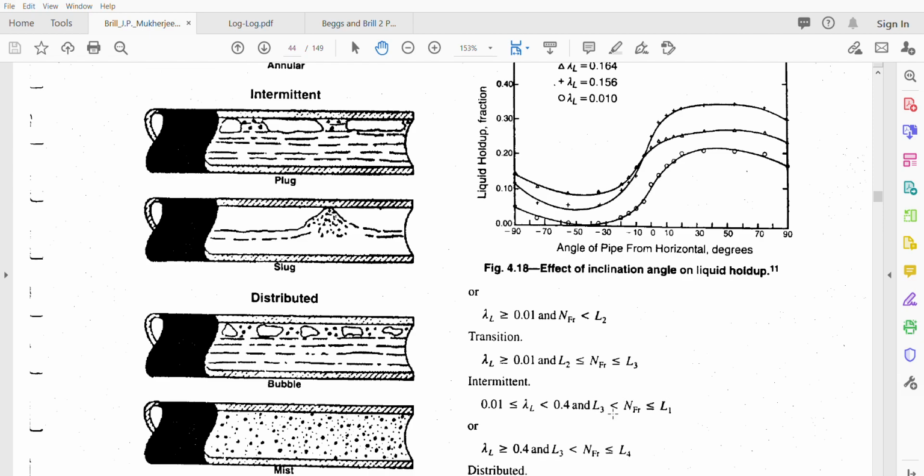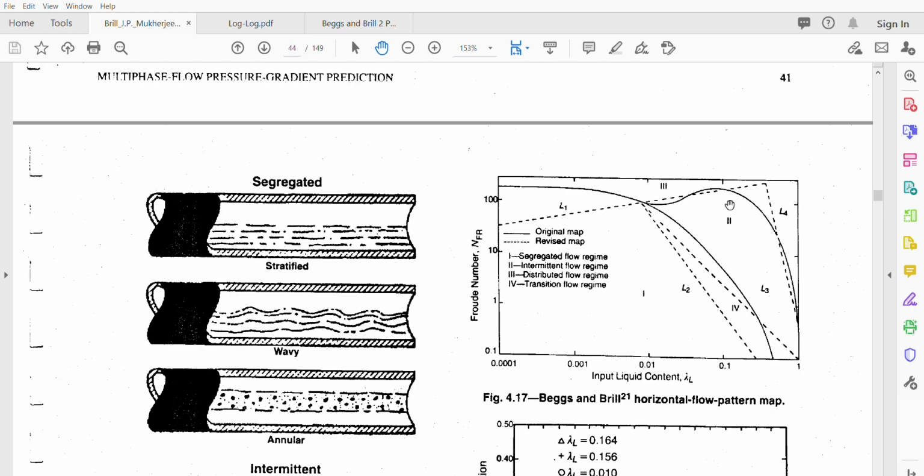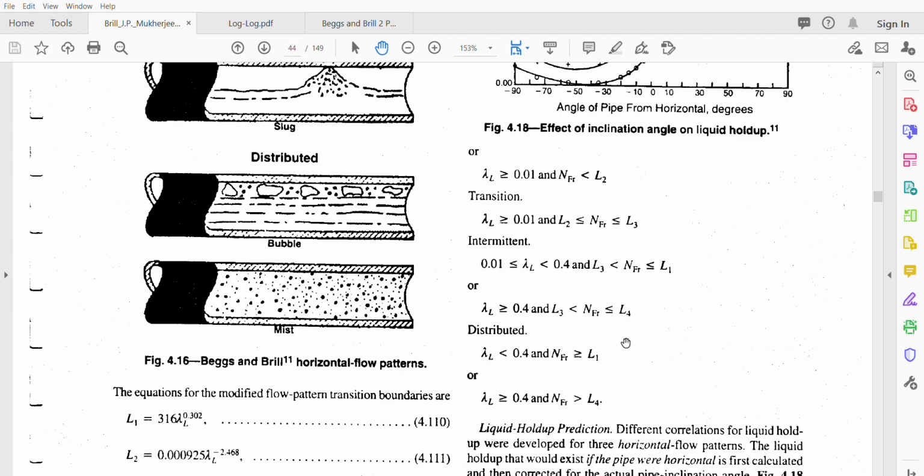And NFR is between L3 and L1. This is L1, this is L3. So we're talking about this area: lambda L larger than 0.01 and lower than 0.4, and NFR lower than L1 and higher than L3.